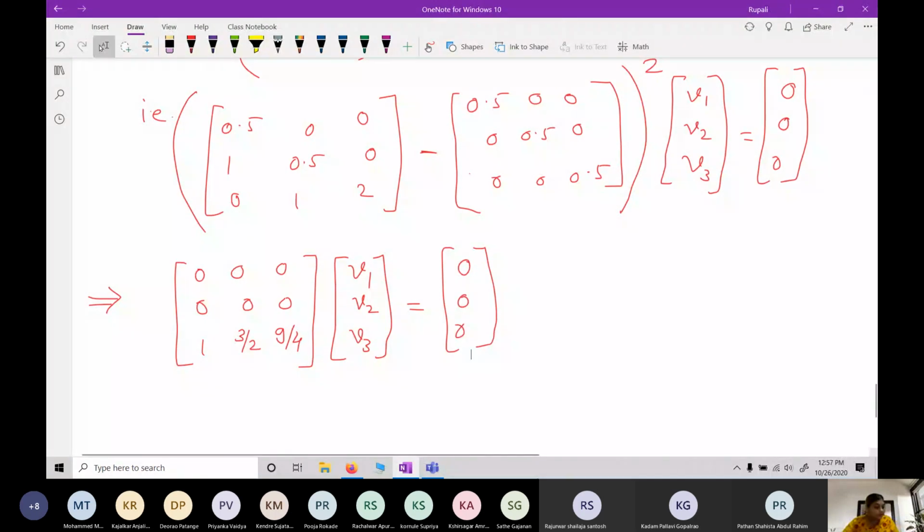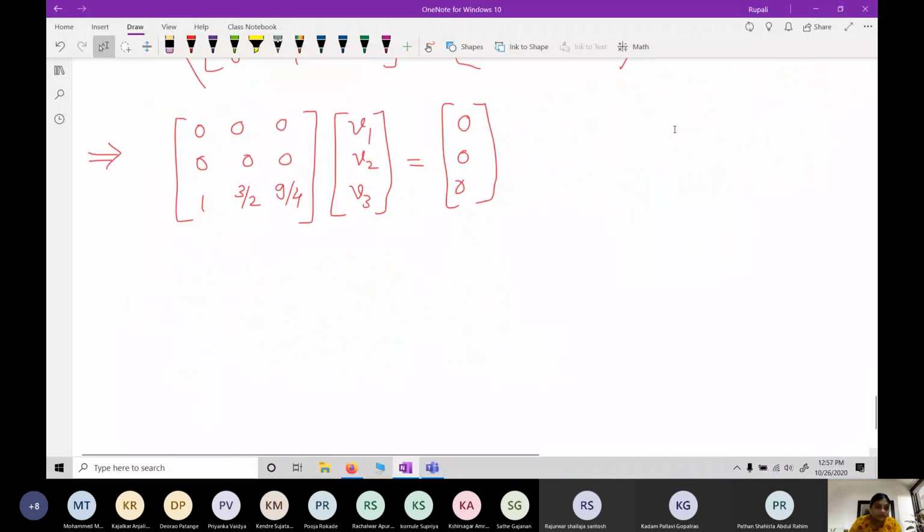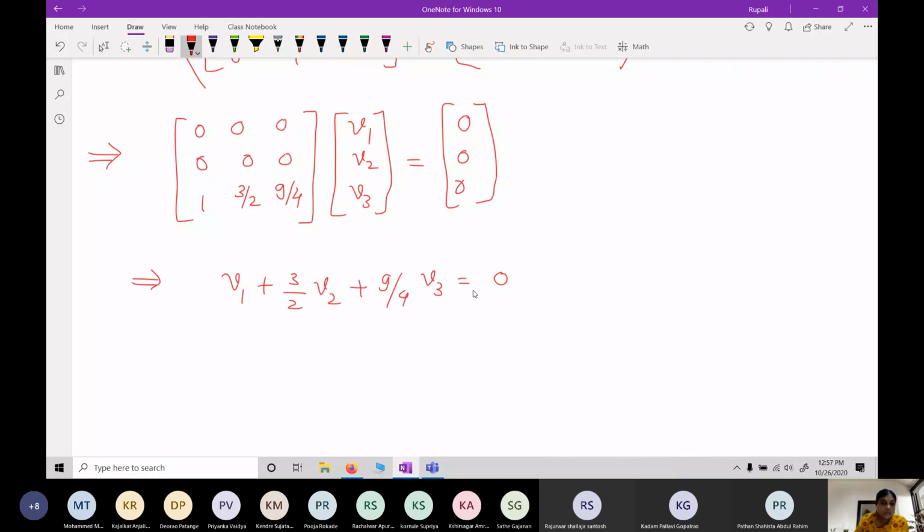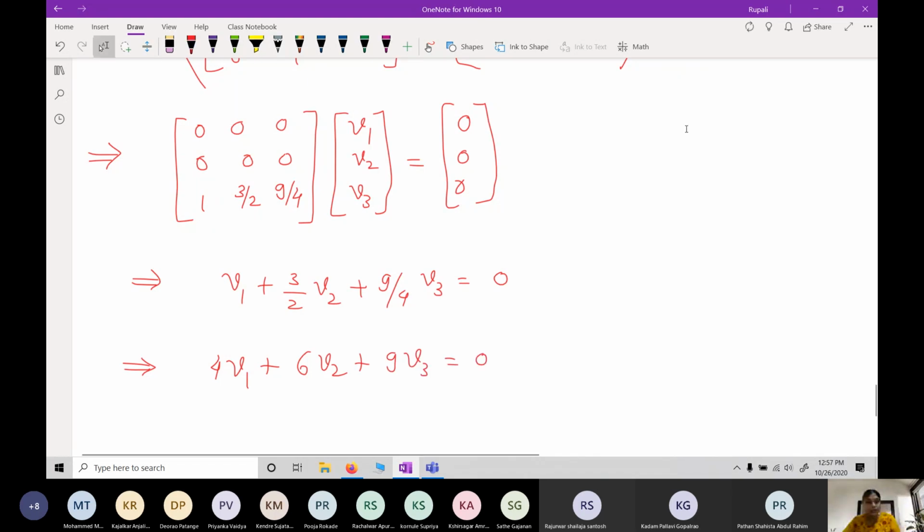So what is this? I am getting v1 plus 3 by 2 times v2 plus 9 by 4 times v3 is equal to 0, or 4 v1 plus 6 times v2 plus 9 times v3 is equal to 0.